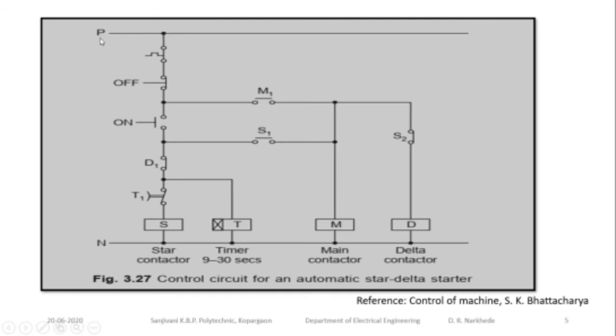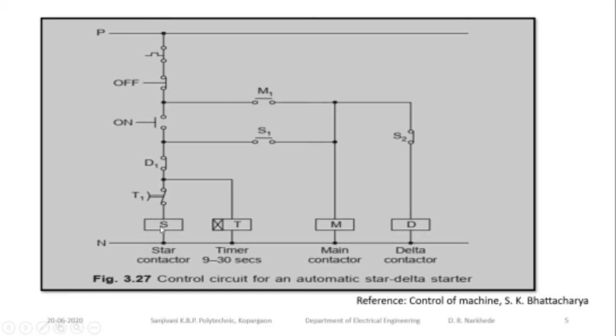In this control diagram, this is the phase and this is the neutral. When the operator presses the start push button, the current will flow from phase to the off push button, to on, to the NC contact of the delta contactor, then through the NC contact of the timer and the star contactor. The star contactor gets energized.